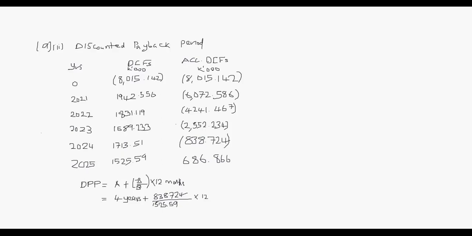So let's calculate. See how much we are going to get. 838.724 divided by 1525.59 multiplied by 12. Okay, so we have 6.59.